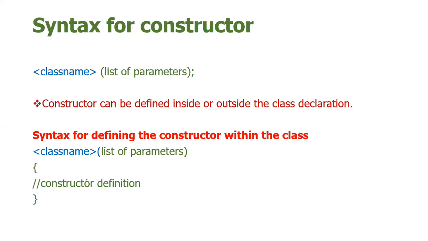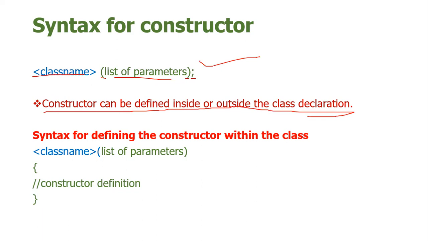Let us see the syntax for a constructor. The class name, open brace, list of parameters, close brace, ends with a semicolon. This is the constructor declaration. The constructor can be defined outside the class declaration.